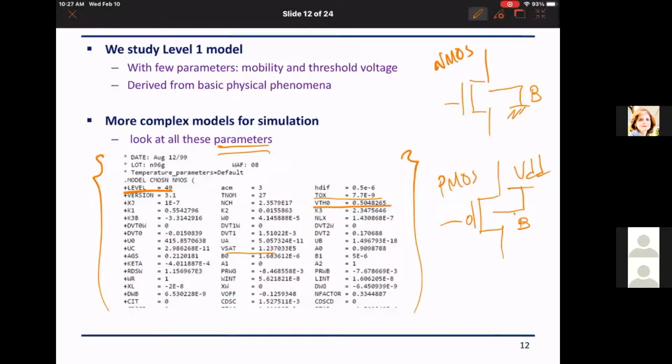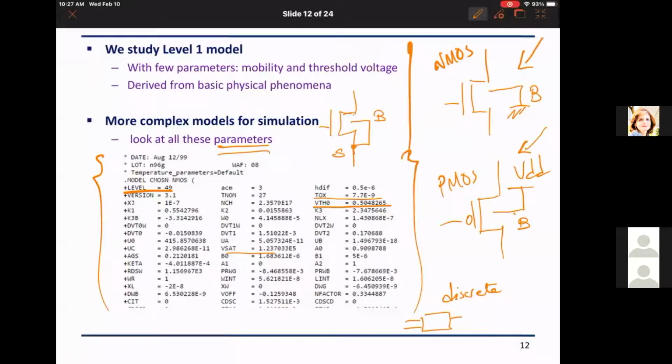They short the body to the source node if you have a discrete one that is already fabricated, and if your discrete has only 3 pins, then what they do with it is they short the body to the source node. Okay? So this way VBS or VSB will be equal to 0. But for our purposes, unless we tell you otherwise, by default it is connected this way.